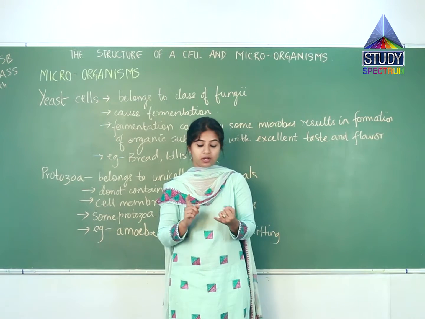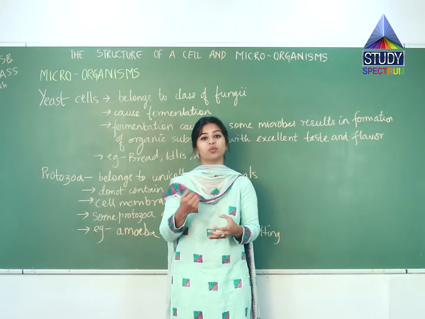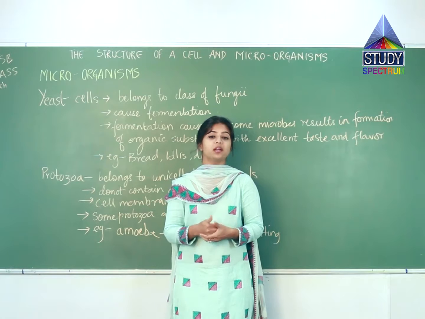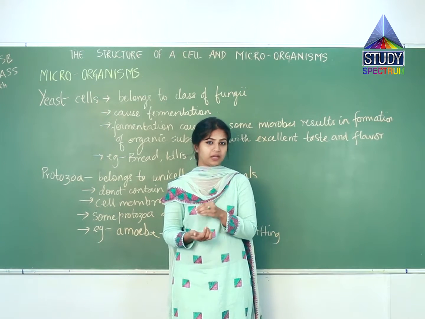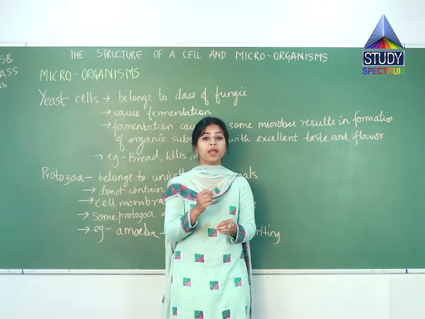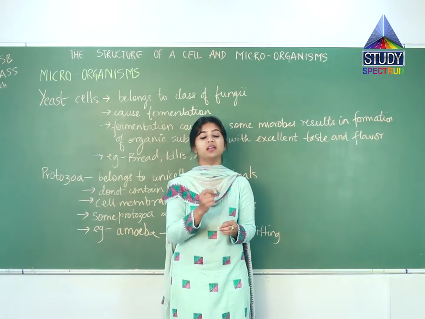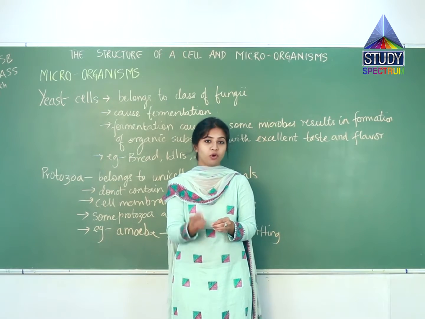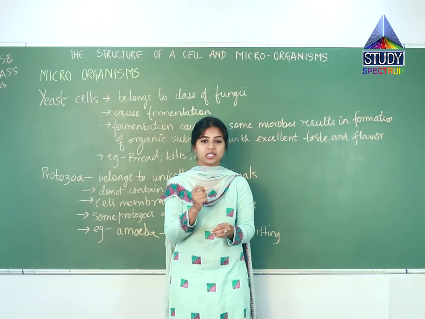We learned about the compound microscope and the electron microscope. In a compound microscope we could observe things that we couldn't see with our naked eyes, but the electron microscope had around 2 billion times more magnification than a normal compound microscope, and it could observe the organelles present inside the cell.